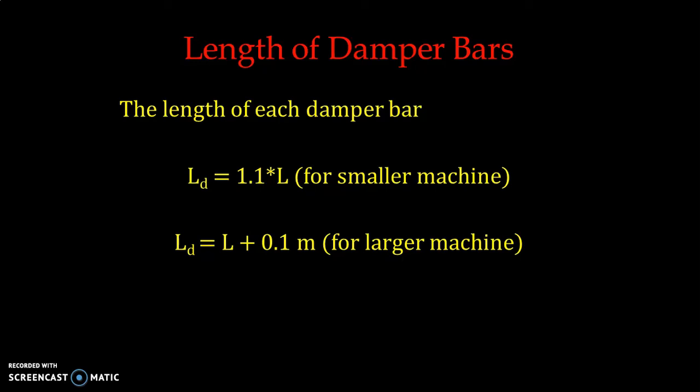Slightly greater length is to be provided because all the damper bars, ultimately, we have to short circuit with a short circuiting ring. So the length of the damper bars is slightly more compared to our stator core length.